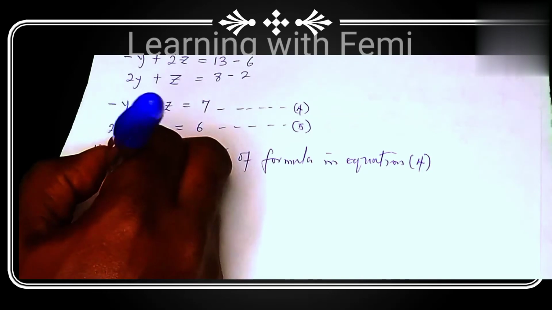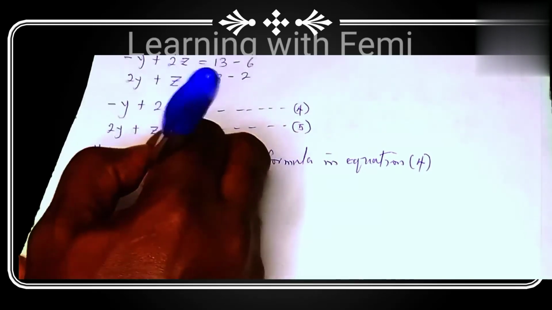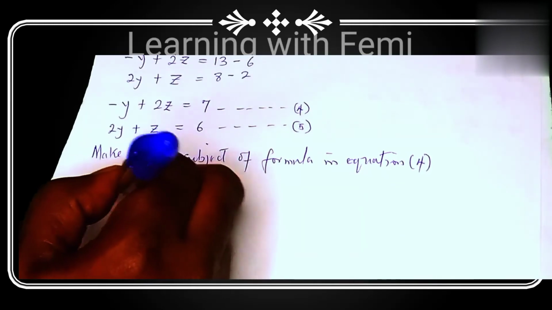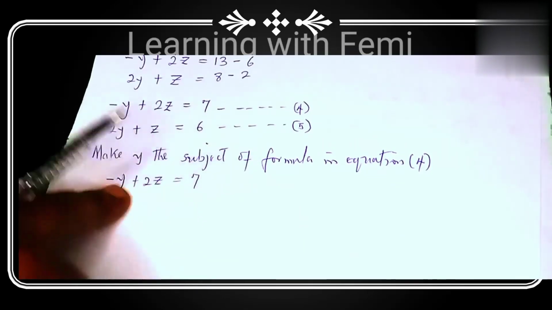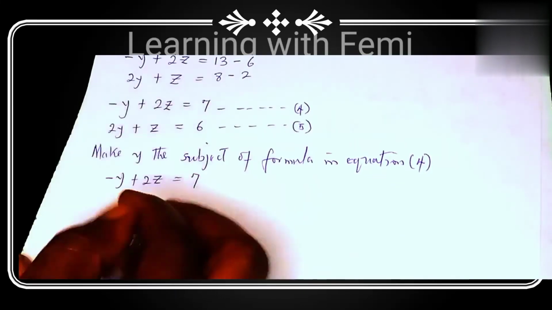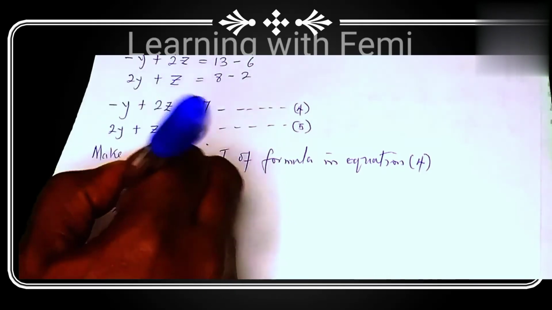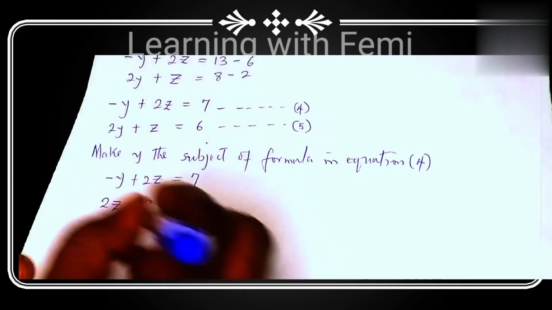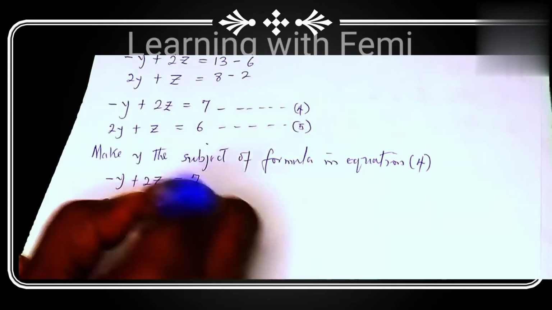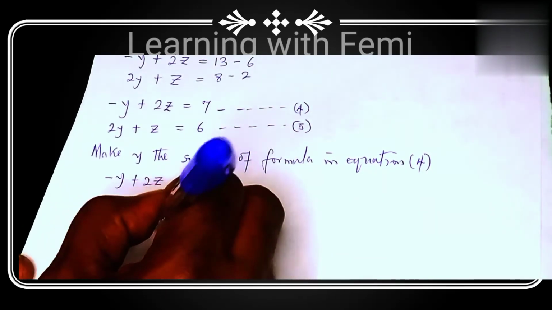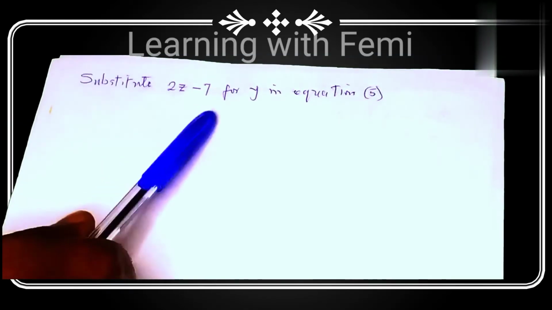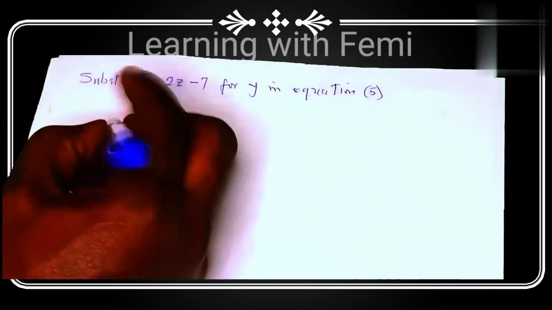That will lead us to minus y plus 2z equals 7 will be, take y to the other side and take 7 to this side. Then we have 2z minus 7 equals y, which can be rearranged to be y equals 2z minus 7. Substitute 2z minus 7 for y in equation 5.